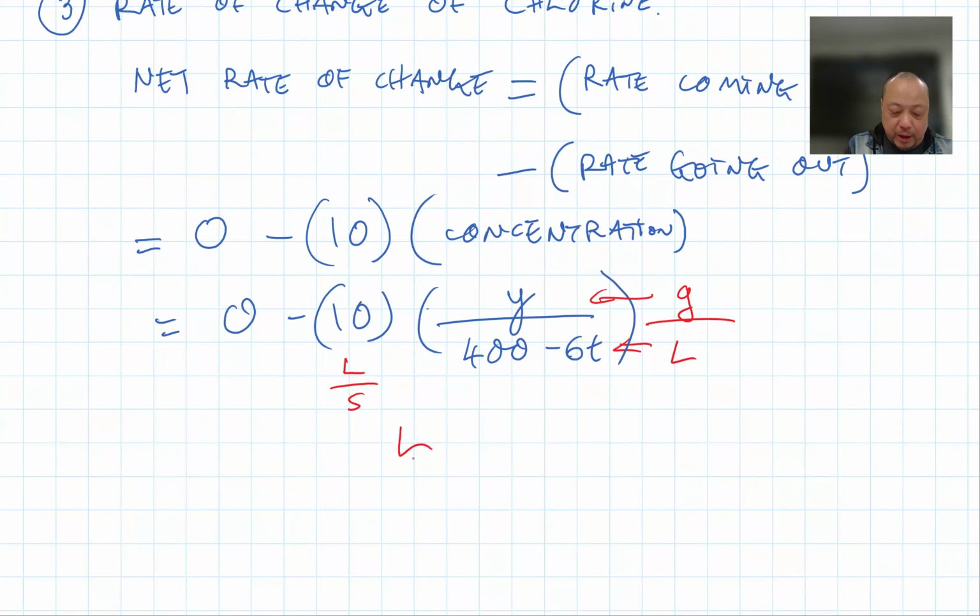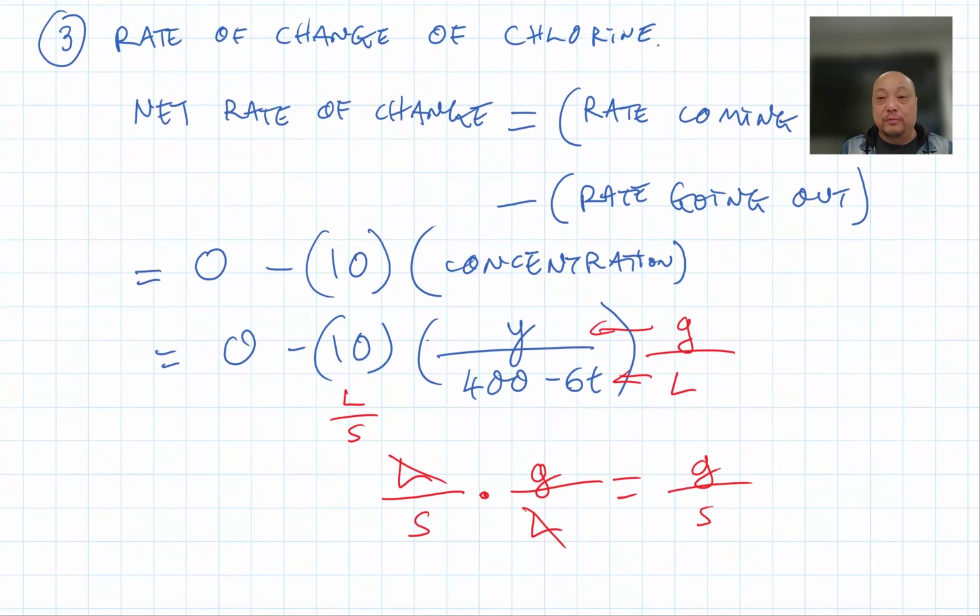And so if you put them all together, it's liter per second times grams per liter. The L's cancel. I have G over S, grams per second. Is that the rate of change of chlorine? Yes, chlorine is measured in grams, so the rate of change of chlorine is grams per unit time, per second. So that also makes sense.